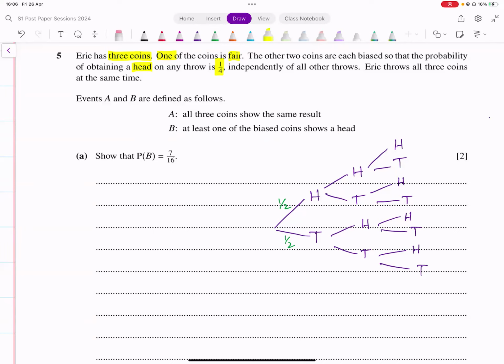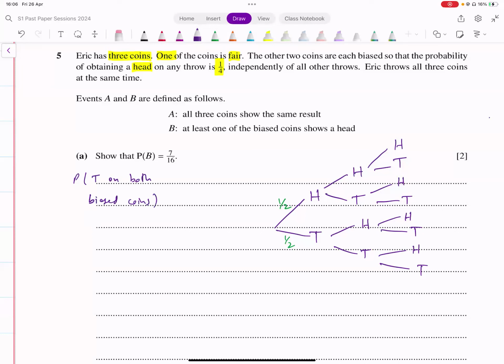Okay, so one possibility could be that we find all the cases where we have at least one head. It's going to be easier to think of it the other way around because that will be less number of cases. Let's find the probability of there being tails on both biased coins.